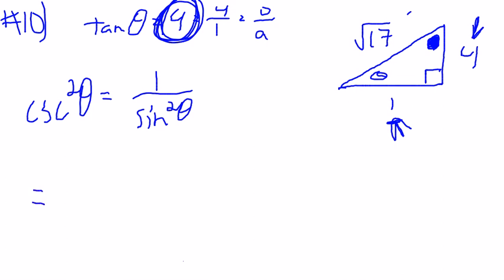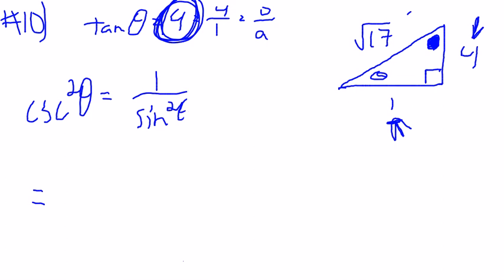This is probably easier to do using triangles as opposed to identities. Actually, I'm not even going to do it that way.